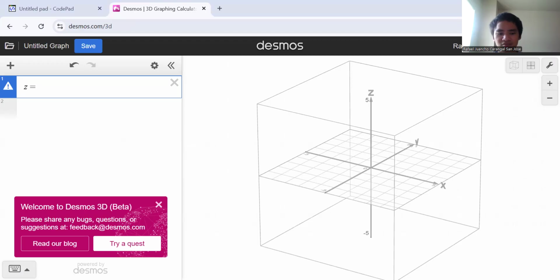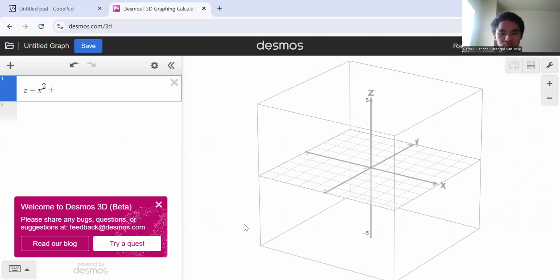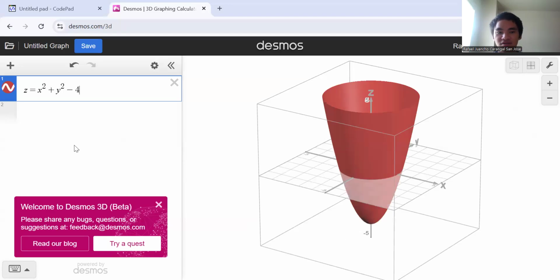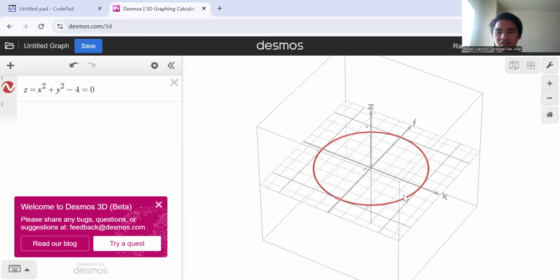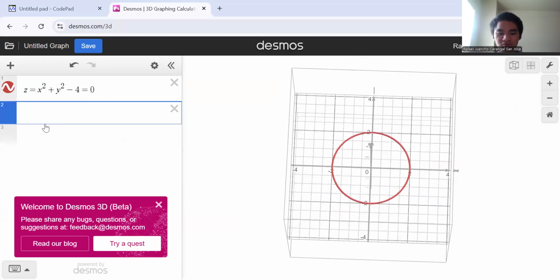X squared plus y squared minus 4. But they're equal to 0. So I have to look at it from the... There we go. When they're equal to 0, I'm just looking at this thing. Okay. Another one was... What was it? So that was the circle. Another one was a parabola. X squared minus y minus 1.